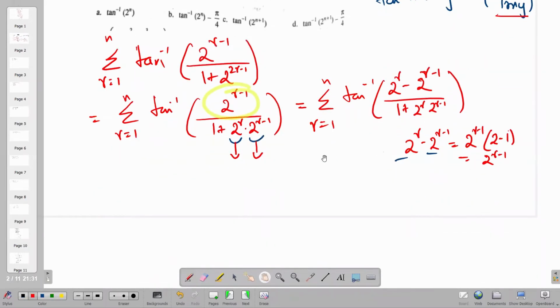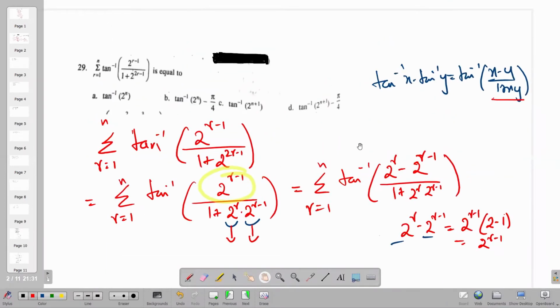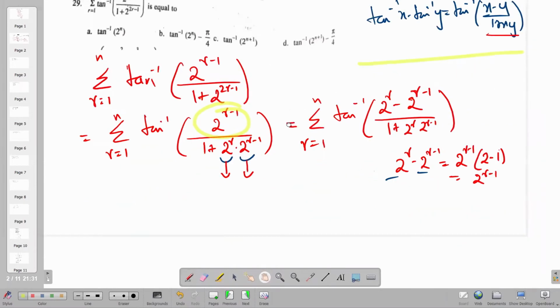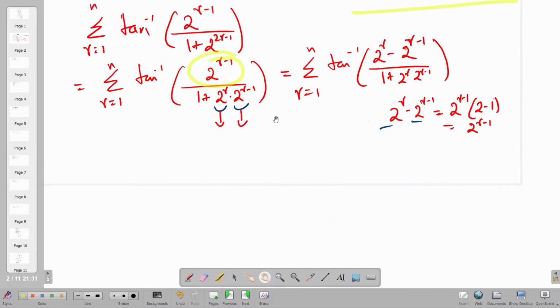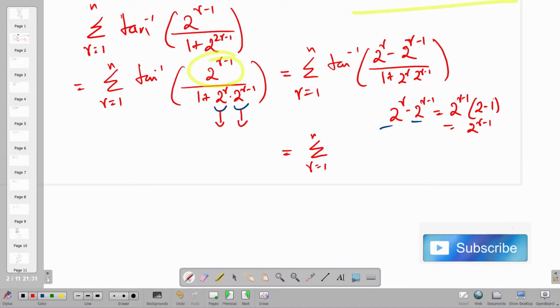further, using the above identity, I can replace it by sigma r from 1 to n of tan inverse of 2 to the power r minus tan inverse of 2 to the power r minus 1.